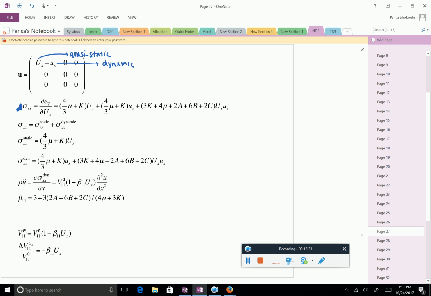So that's very interesting. You see that there is one term which is just multiplied by ux, which is the quasi-static stress. One term is just the dynamic, and one term is the coupling between the two. And that's what causes acoustoelasticity. So this term is like the coupled term.